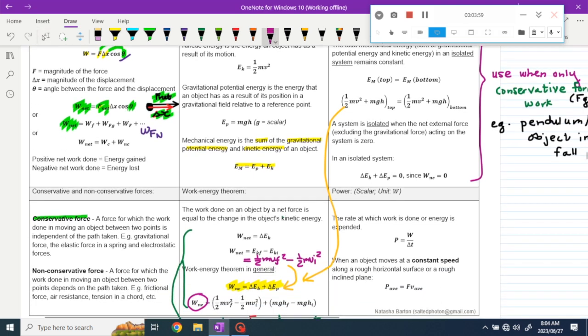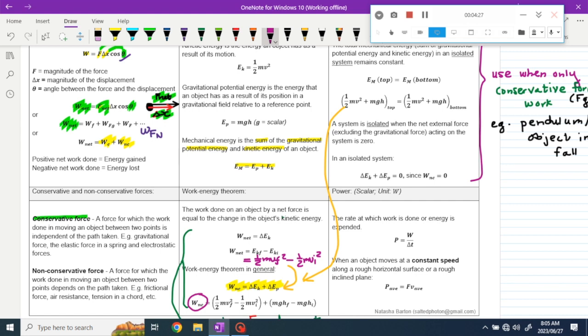Okay? Then there was this where I told you guys we get 2 types of forces. We get conservative forces and non-conservative forces. So if we are looking at the net work as the sum of all of the works, right? And if we only get conservative and non-conservative forces, then the work done by the conservative forces plus the work done by the non-conservative forces is the net work.